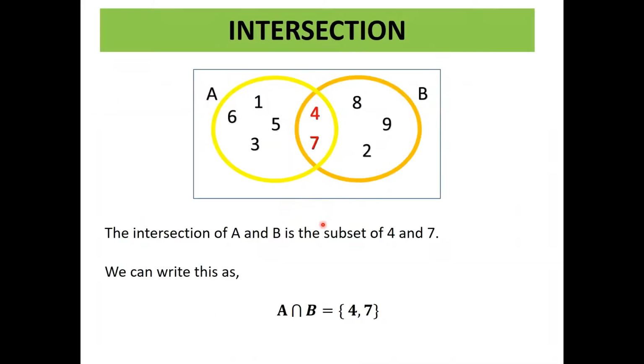Another way I can write this is A and then that N looking symbol which represents the intersection, which I'd like you to have in your mind and perhaps write this down on the piece of paper you're working on. That symbol means and. So A and B, because that symbol represents something that is in this circle and in that circle.